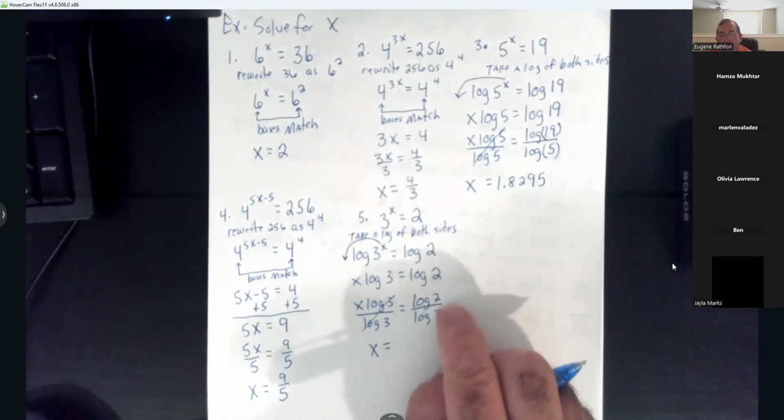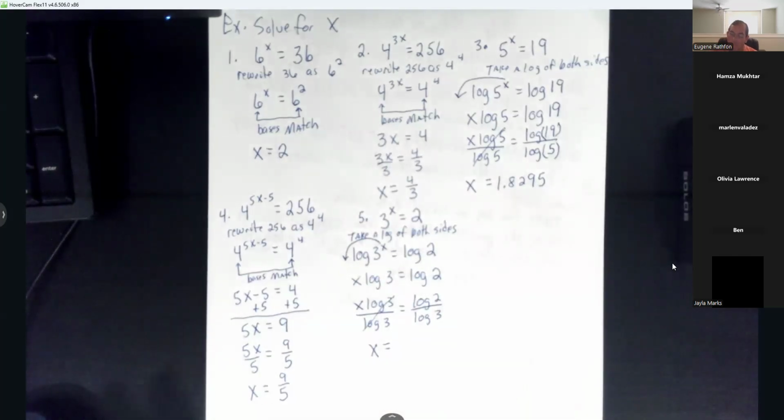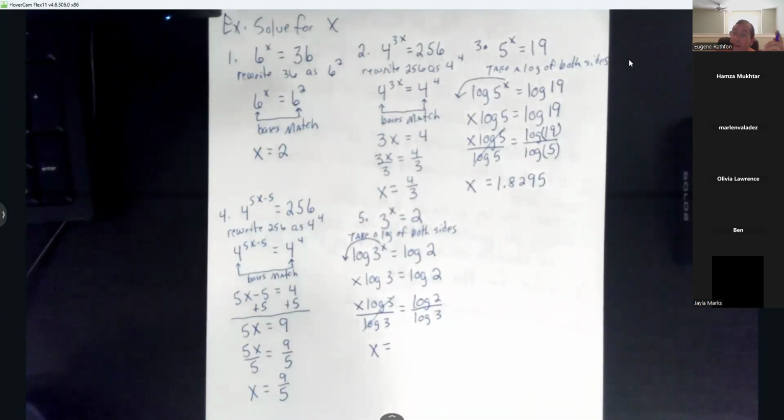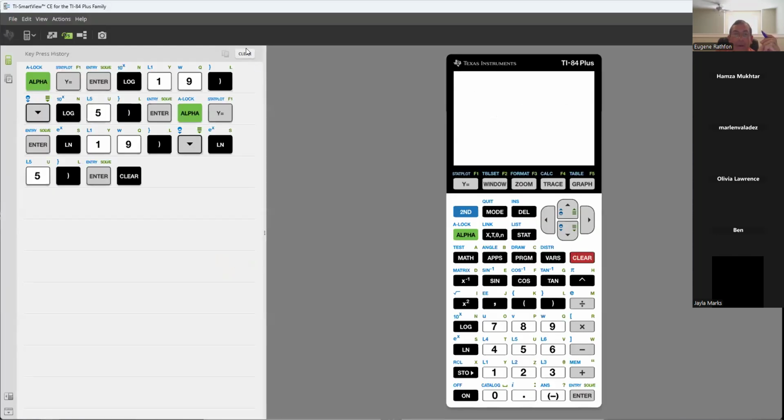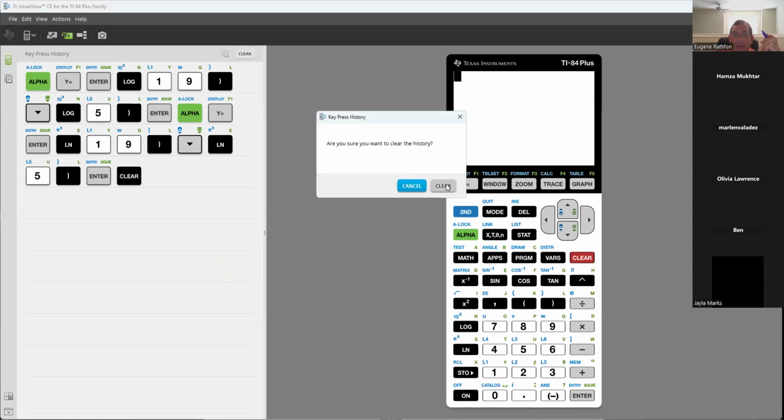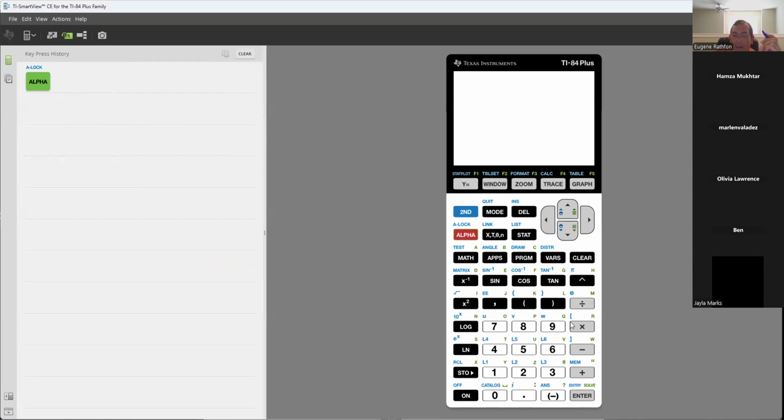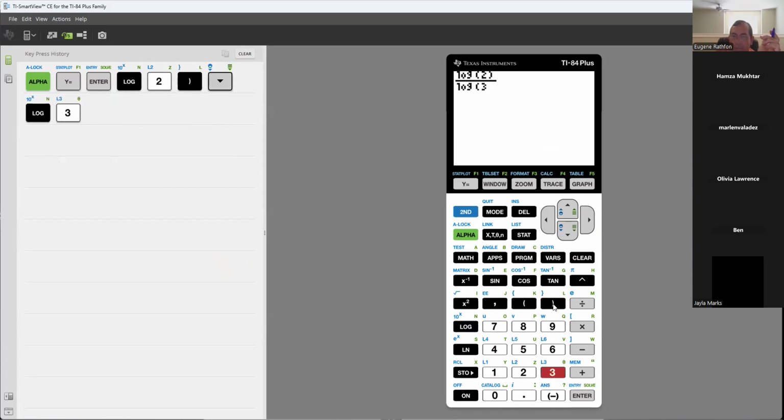Once again, since I'm taking logs, I'm going to round this out to 4 decimal places and use my calculator. So alpha y equals enter. On top we had a log 2. On bottom, I had a log 3.